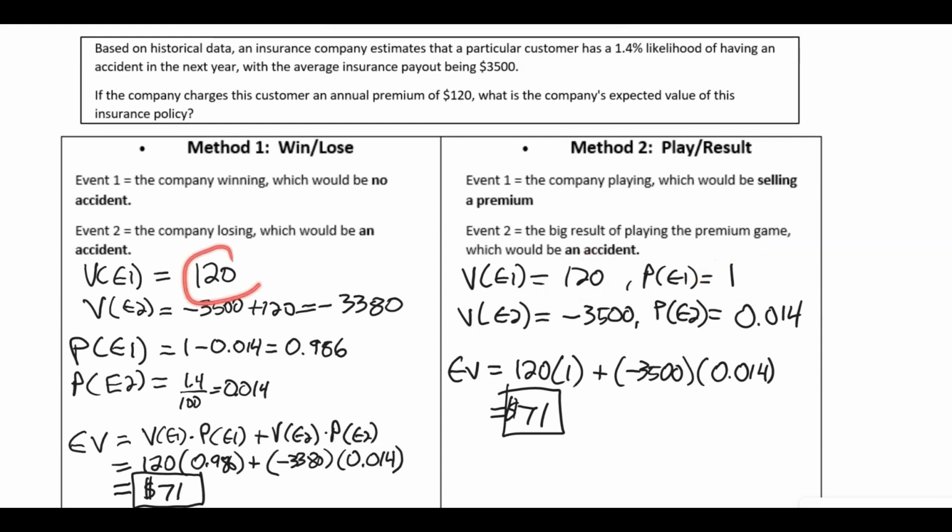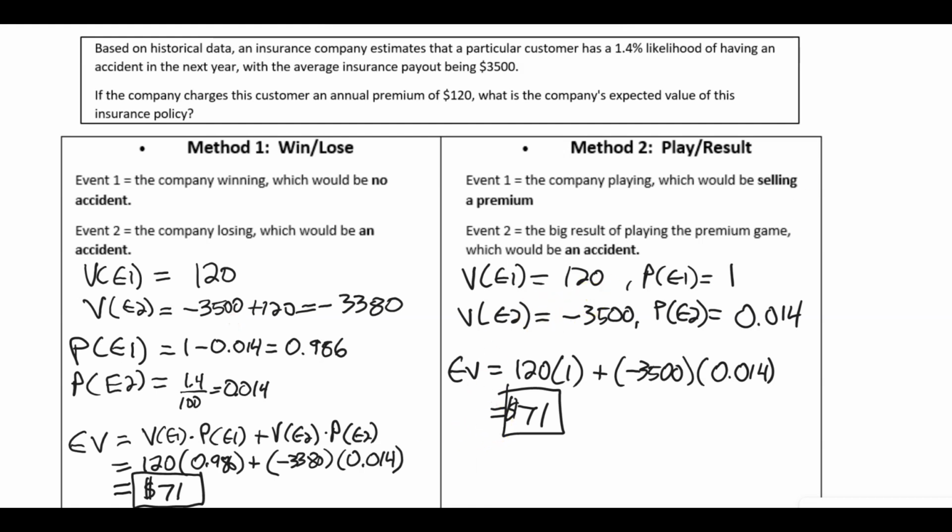Not that we get to keep that money most of the time because we're going to use some of that money to help with the payoff. No, let's just bank on it. And then we have to pay the entire payout every time there's an accident. It simplifies the numbers. We end up using only what's given, and we don't have to do any arithmetic. So I appreciate that about this method.